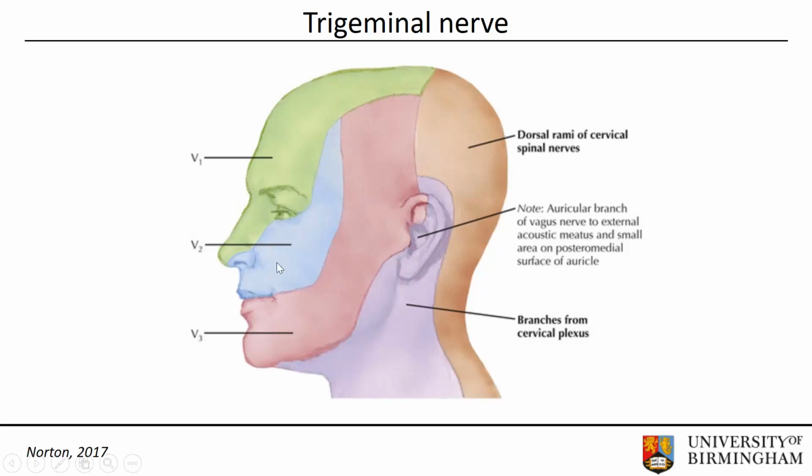Then the middle portion, consisting of the cheeks, the inferior eyelids, the alar portion of the nose, and also the upper lip, are innervated by the maxillary division, and the inferior portion, including the lower lip, the chin, and this lateral surface is the region innervated by the mandibular division.